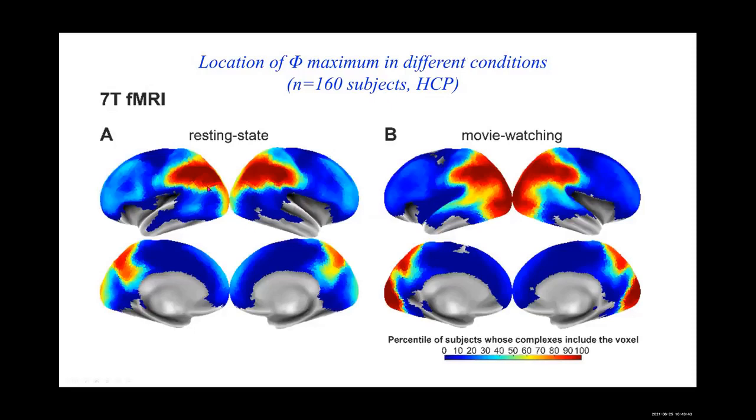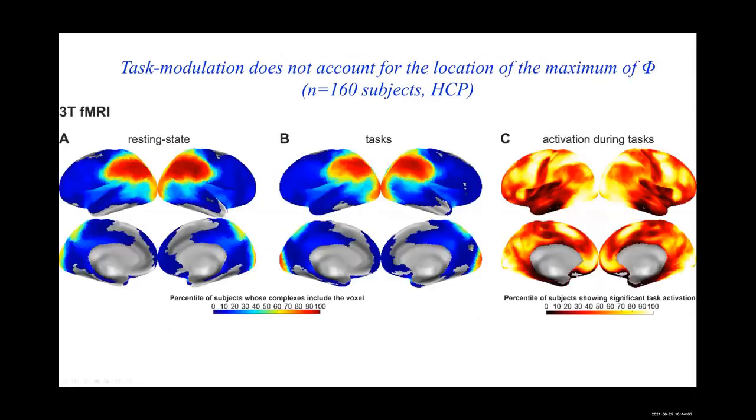You see in red and yellow and green here, that it is primarily located in posterior cortex. In fact, this is in the resting state, when subjects are just going through their mind without watching or hearing anything in particular. Here's watching a movie. It's very much the same regions, but extends more, for instance, toward auditory cortex and higher order visual areas. And in fact, this is true also at 3 Tesla.